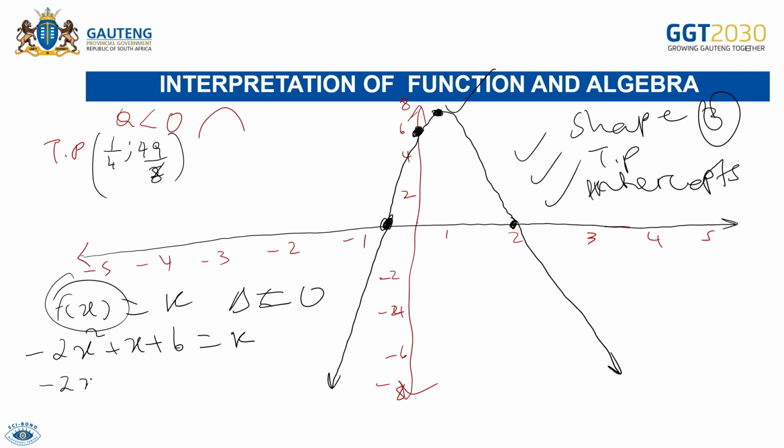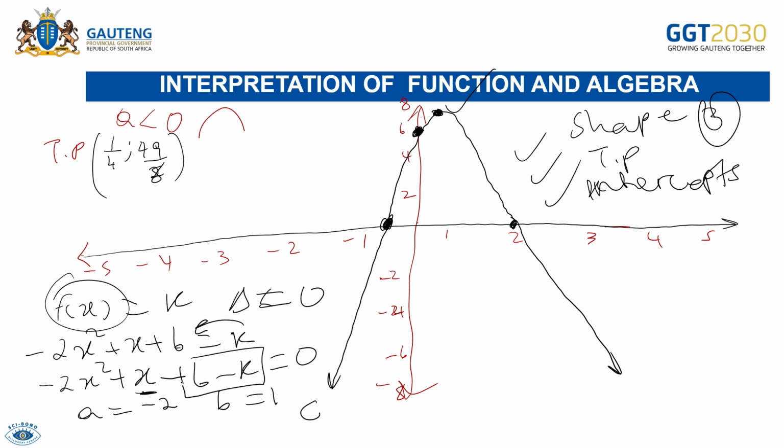Then it's going to be negative 2x squared plus x plus 6. You transpose the k to the other side, it becomes negative k. You say it's equal to 0. Then your a here will be negative 2. Your b, which is the coefficient of x, is going to be 1. Then your c is going to be given by everything that is left to the side, which is going to be 6 minus k.